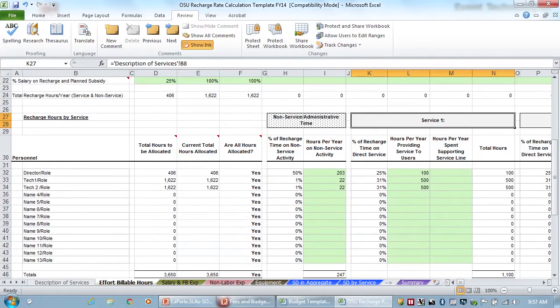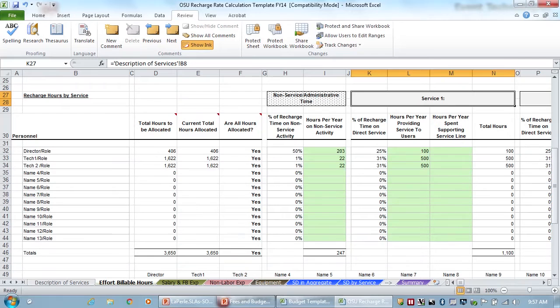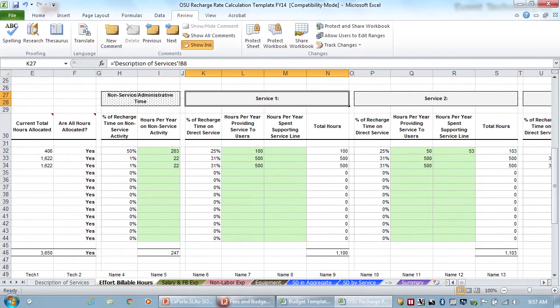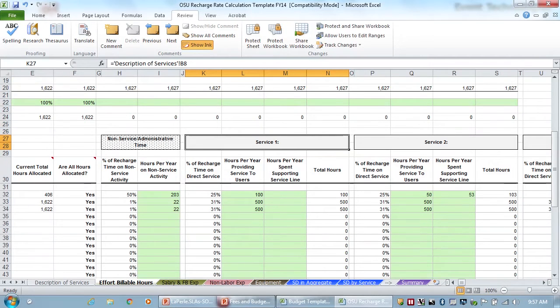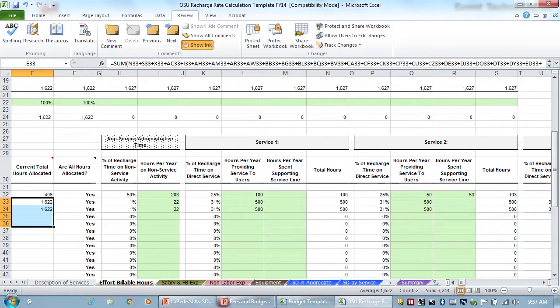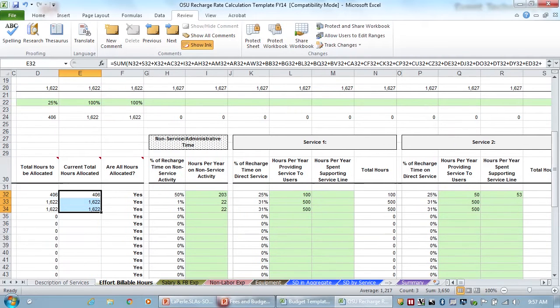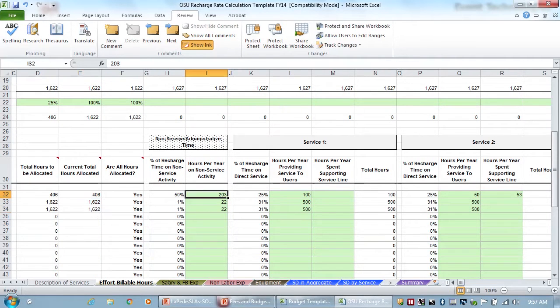Then in this next section, this is where we got kind of crazy because of the formulas. We say for each of those hours, the spreadsheet brought those numbers that were here down to here and lined them out by person. We say out of the director's time, how much of that is spent on just doing administration work for the core.